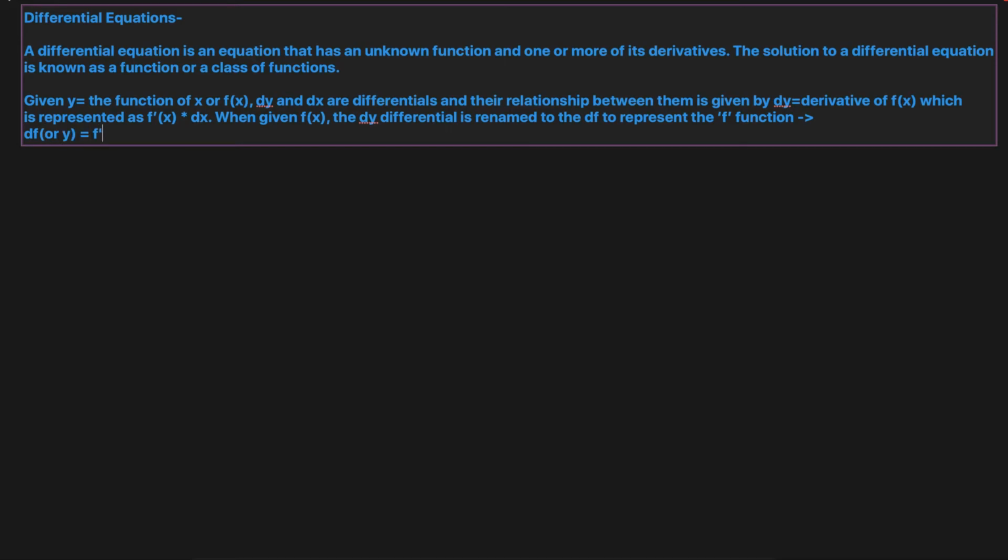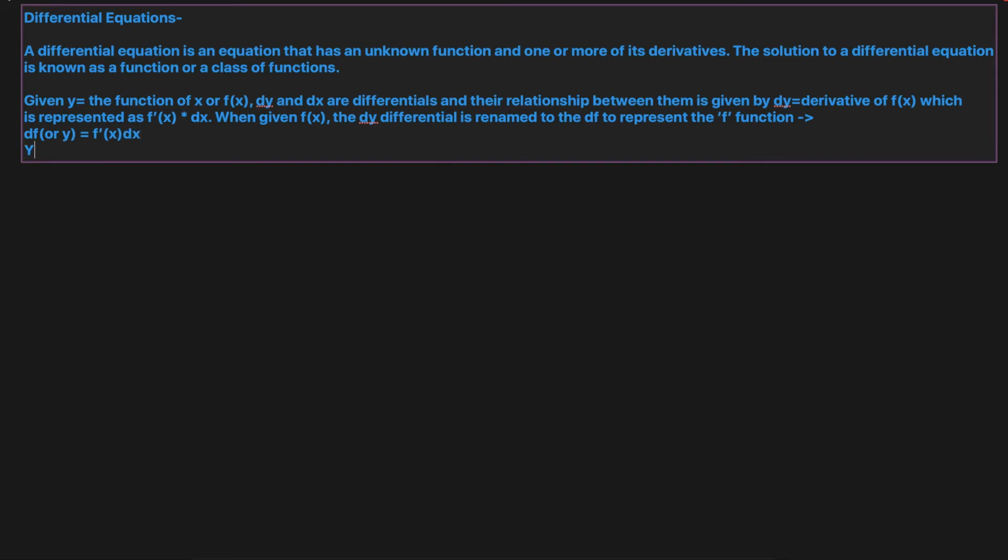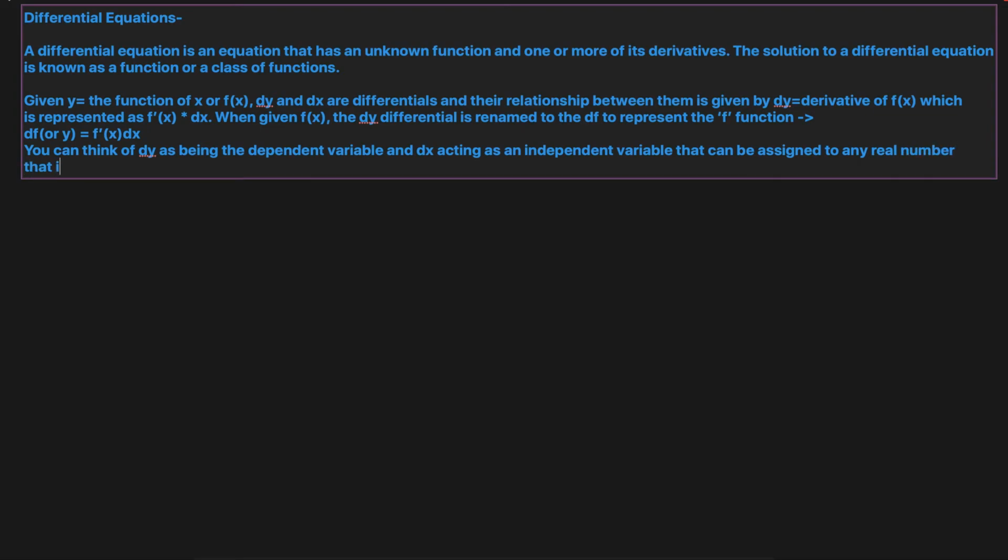When given f(x), the differential dy is renamed df to represent the function f, so df, or dy, equals f prime of x times dx. You can think of dy as being the dependent variable and dx acting as an independent variable that can be assigned any real number that isn't 0.